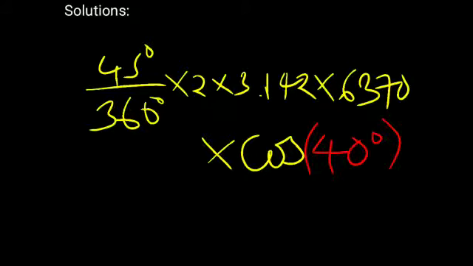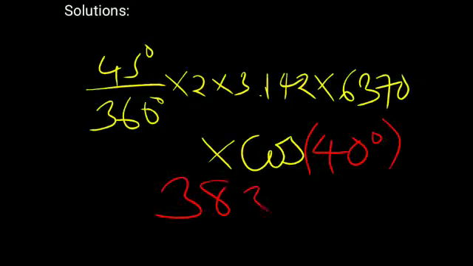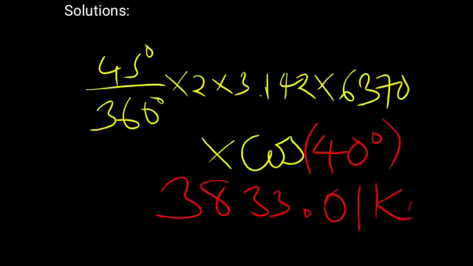So let's punch this on a calculator. What is 45 times 2 times 3.142 times 6,370 times cos 40 degrees divided by 360 degrees? On my calculator, it's telling me that it is going to be 3,833.01 kilometers.